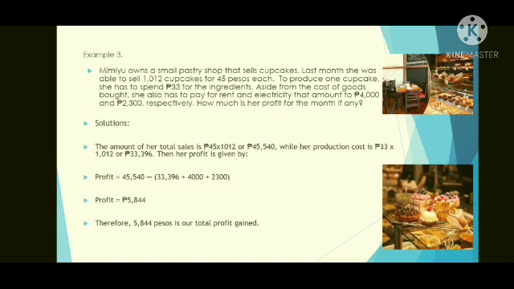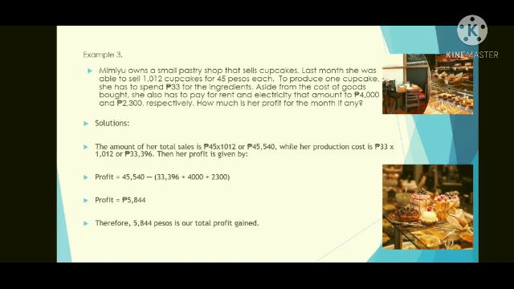For our solution, the amount of her total sales is equivalent to the amount she was able to sell last month, that is 1,012 cupcakes times the amount, which is 45 pesos each.